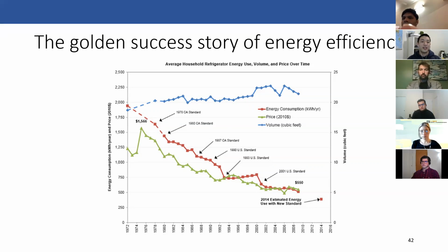And so you got more energy efficiency, you got lower prices, and the size of the fridges actually got bigger. If all efficiency improvements could happen in the same way, then we would all be doing great, right? Because it's a win-win-win type of scenario. And that's not always the case, unfortunately. Usually it's some kind of trade-off with costs.